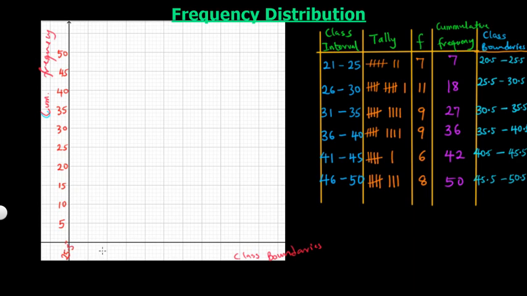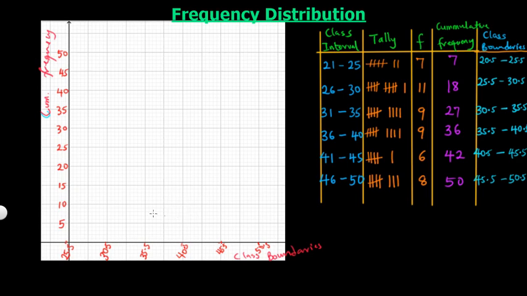So to make it bigger, I want to use two boxes. The next will be 30.5. The next 35.5, 40.5, 45.5, then here is 50.5. So you know the point I'm referring to.